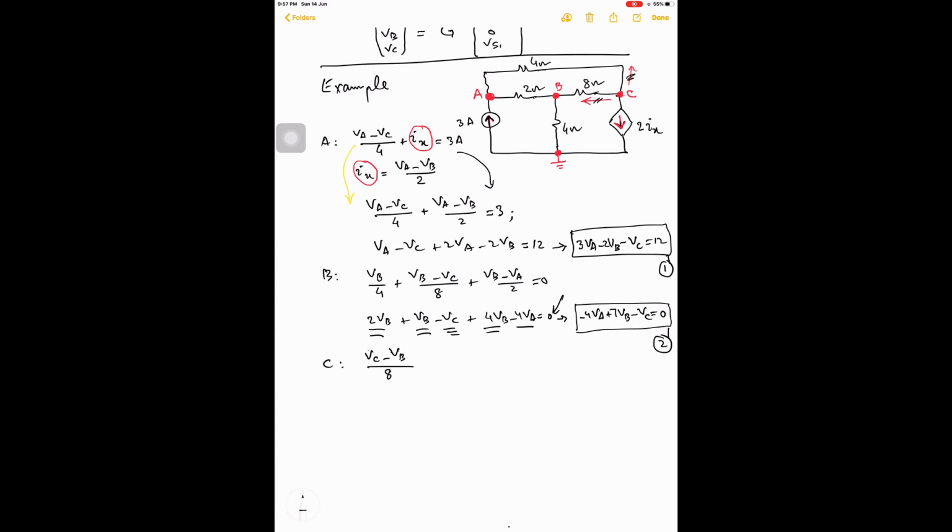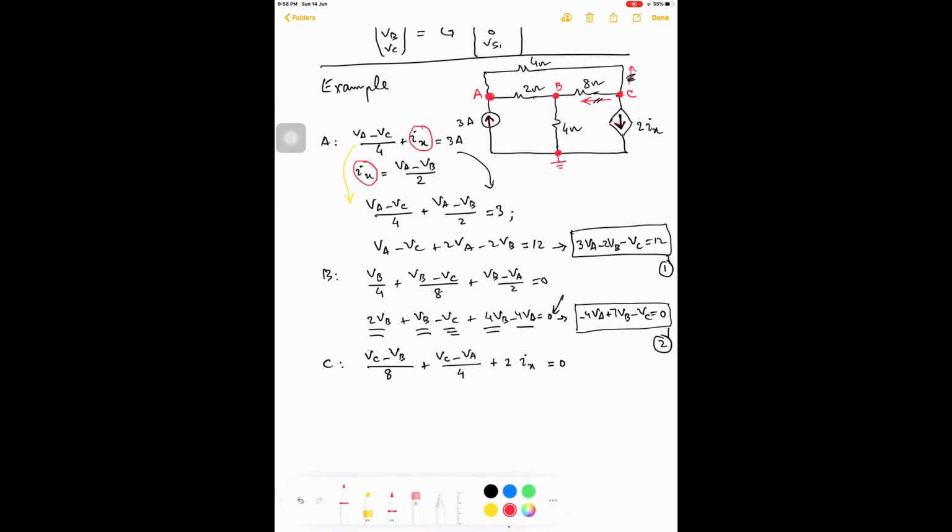Now what is this current? Look at the circuit, this current is flowing from node C to node A through the 4 ohm resistance. And the current over here, look at the circuit, the current flowing away from the node through this dependent current source is equal to plus 2Ix, equal to 0.